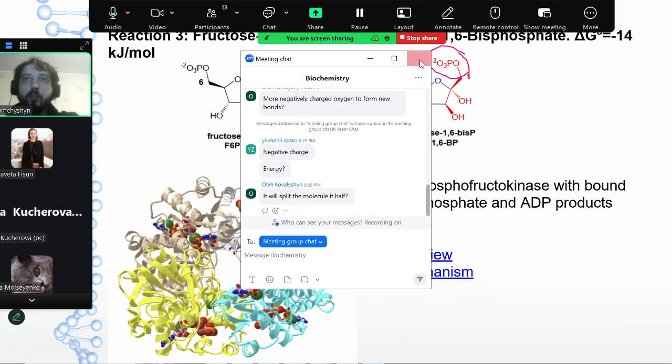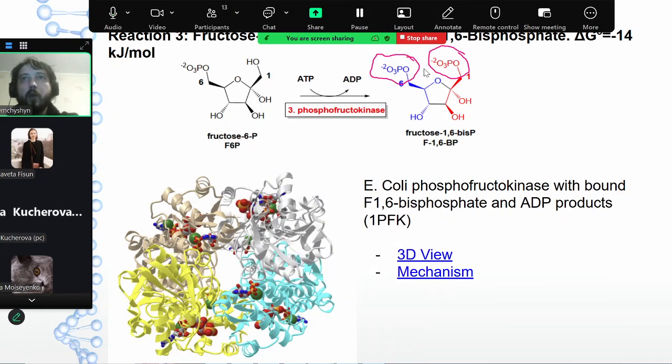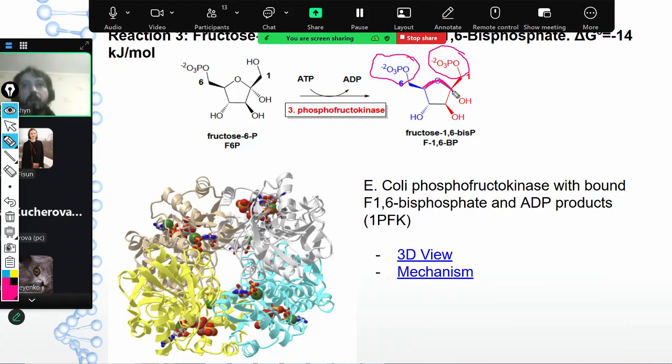Well, it will help to split the molecule in 2 halves, because these parts with negative charges are repelling each other. So they are basically creating a strain on these bonds. They are trying to pull the molecule apart. Of course, they cannot do that, so it's not enough energy to break all these bonds, but they are basically helping, because now we need to use much less energy to break these bonds.